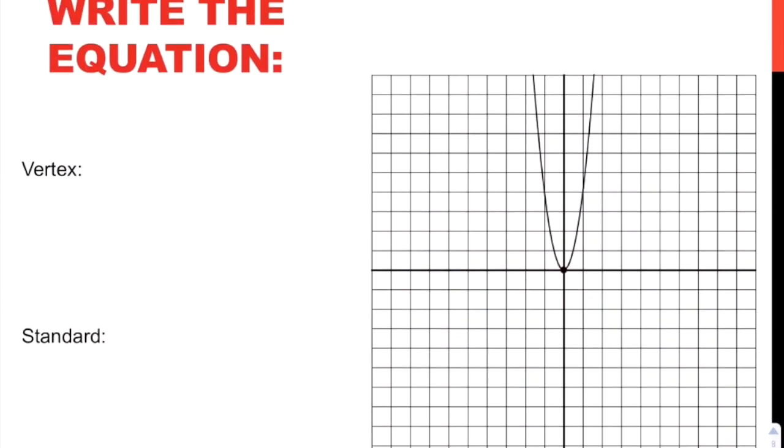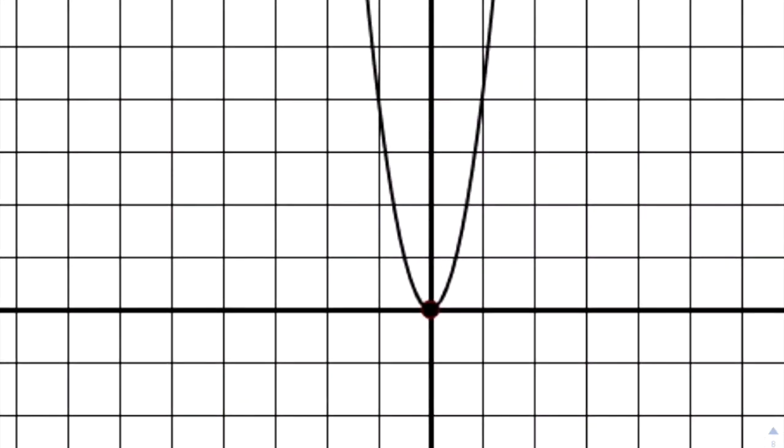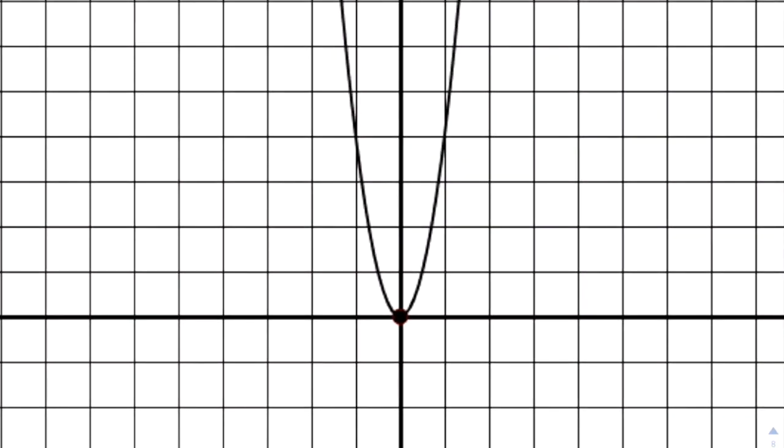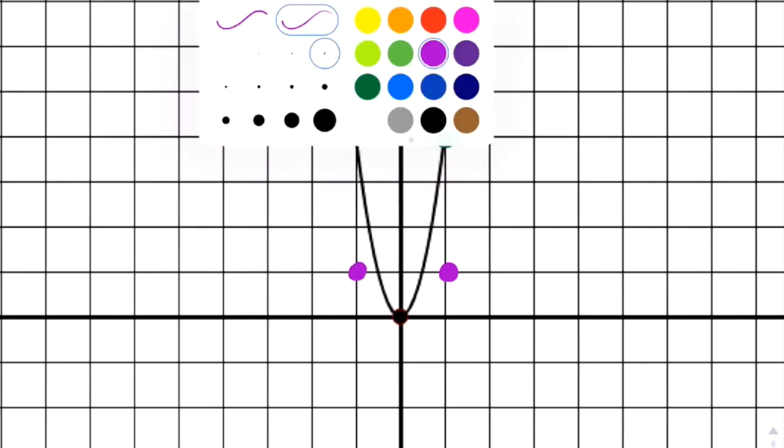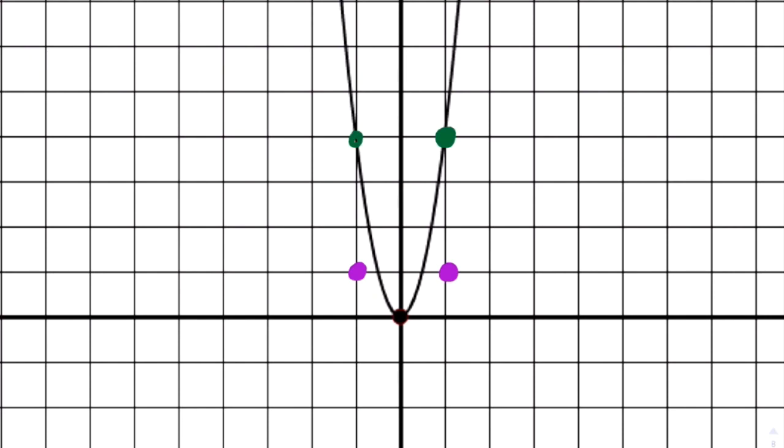For my next graph, I haven't moved right or left at all, and I haven't flipped, but if you look very carefully, this graph has gotten skinnier. It has a vertical stretch. Instead of going right 1, up 1, I am now going right 1, up 1, 2, 3, 4. Instead of going left 1, up 1, I am going left 1, up 4.